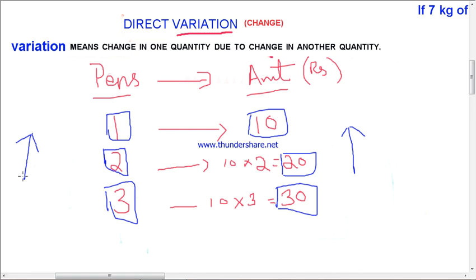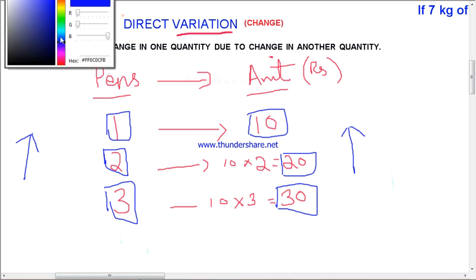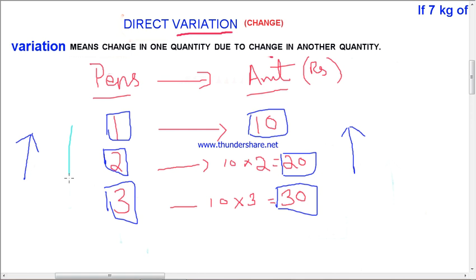And it is also said to be direct variation when there is decrease in one quantity due to decrease in another quantity. Both the quantities should either decrease or increase. It cannot be like one quantity is increasing and another quantity is decreasing. That is not direct variation.